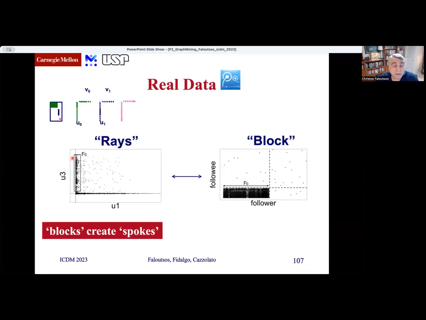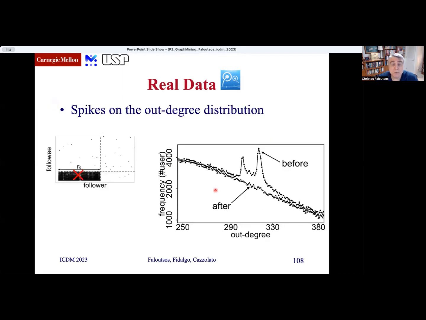And it turns out that rows that had a high score on the U3 vector, right, and the corresponding columns that had high score in the V3 vector, they formed a dense block. So here is the adjacency matrix of these followers and the corresponding followees, right? We were not able to dig much deeper, but when we plotted the degree distribution of a lot of nodes, there was a spike at 295 and another spike at 310.